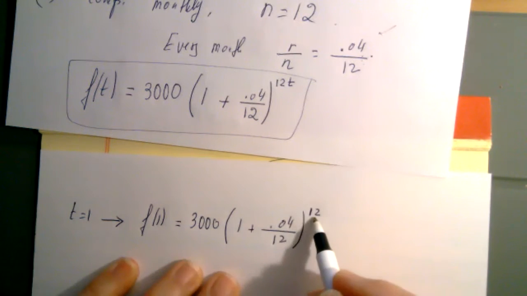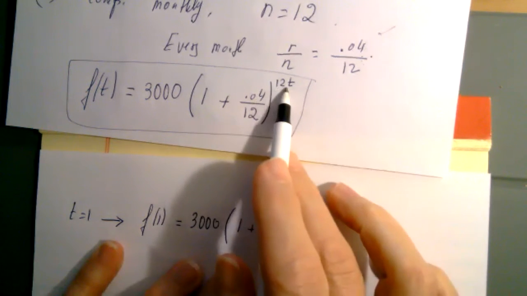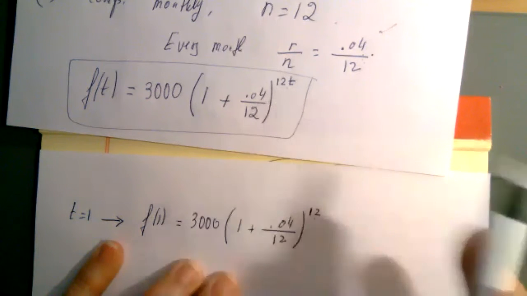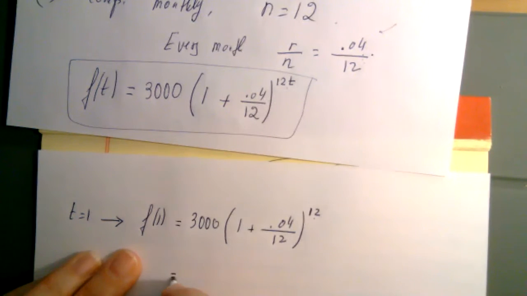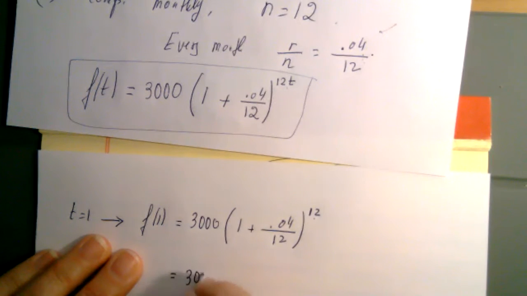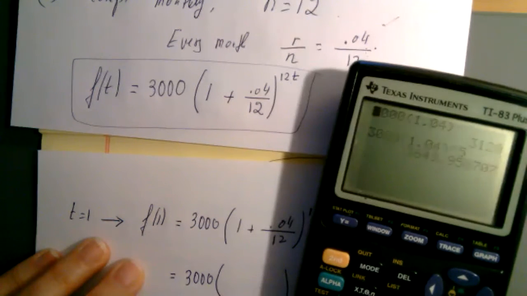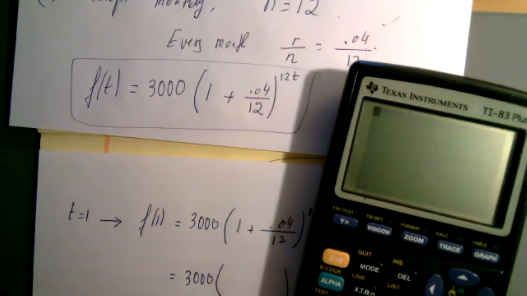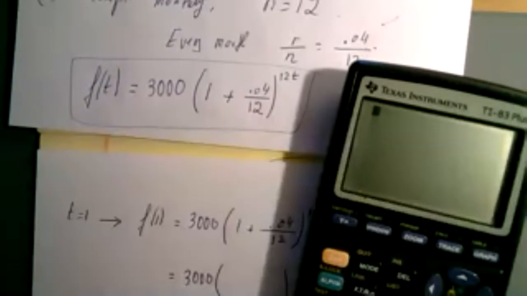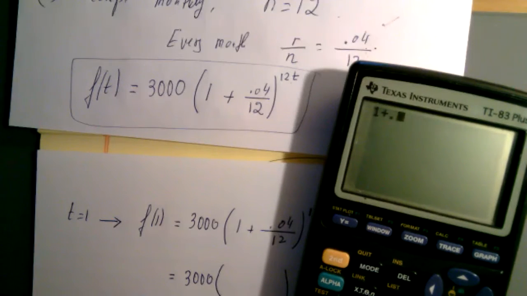It's basically 12 times 1, which is 12. Now I'm back to my calculator to compute what's between the parentheses: 1 plus 0.04 over 12.